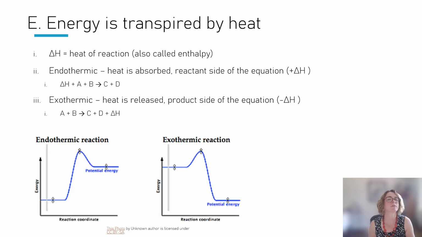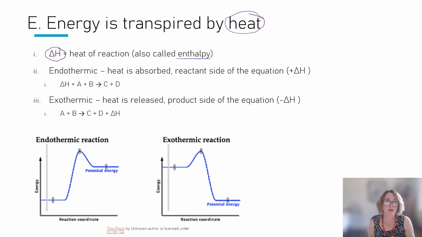Let's talk specifically about the energy that we experience with reactions. Most of the time when we are talking about energy and reactions, we are talking specifically about heat. We are going to define heat as this term right here. This is delta H. It is also called enthalpy, or the heat of the reaction.